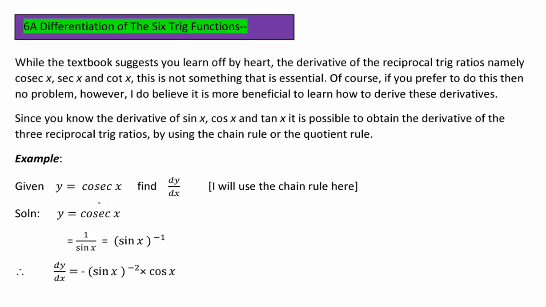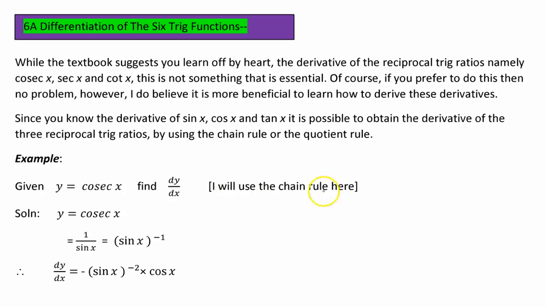You can actually derive it. It's not a long process, and it just reinforces some really good techniques and previous learning. So you've already got the previous learning. Let's use it to actually differentiate cosec x.